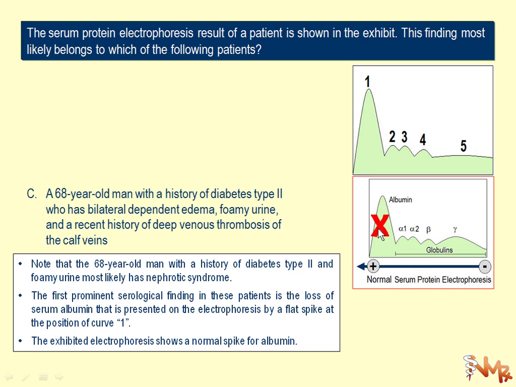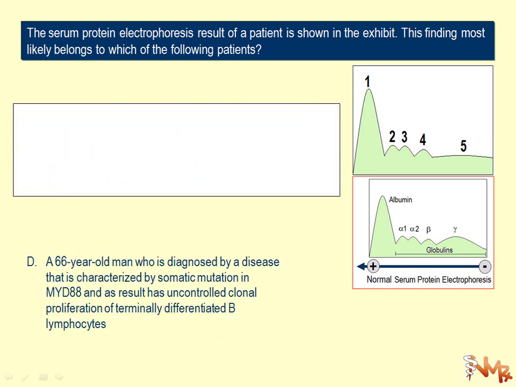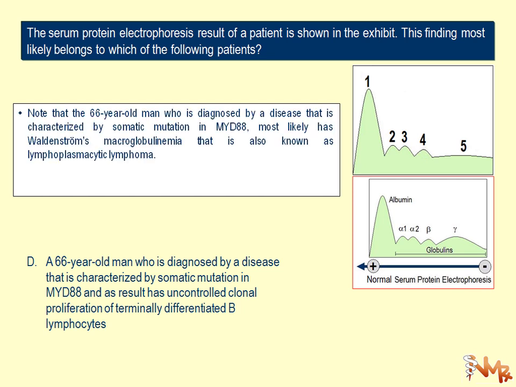That one flattens out. The next patient, a 66-year-old man who is diagnosed by a disease characterized by somatic mutation in MYD88 protein, and as a result has uncontrolled clonal proliferation of terminally differentiated B lymphocytes. I covered this a little earlier for you, and I'm just drilling you on it. This patient most likely has Waldenstrom macroglobulinemia, that is also known as lymphoplasmacytic lymphoma.